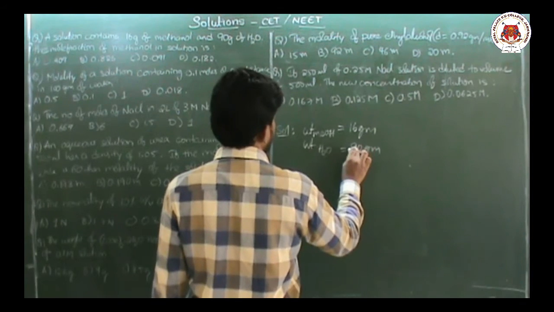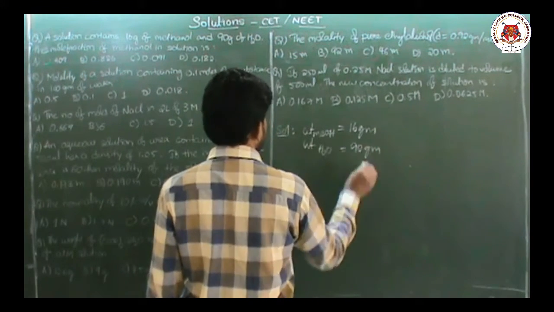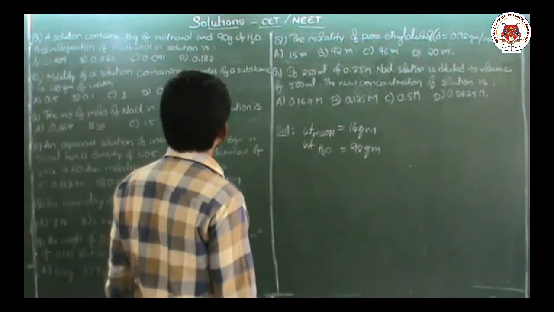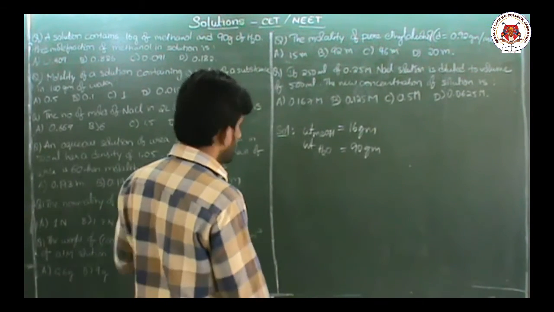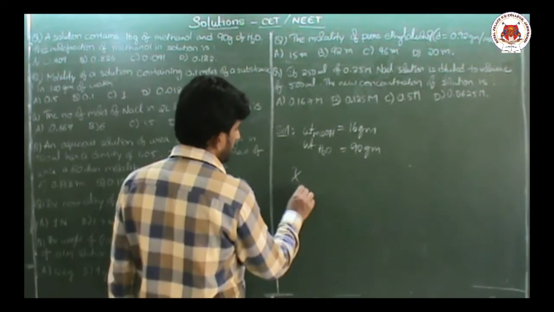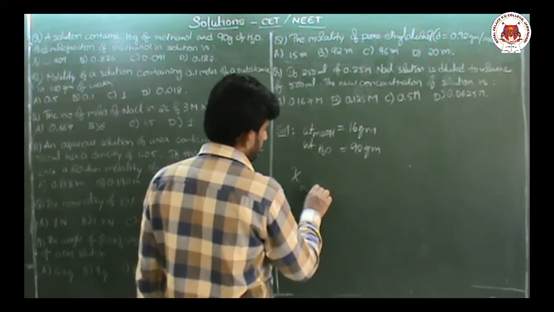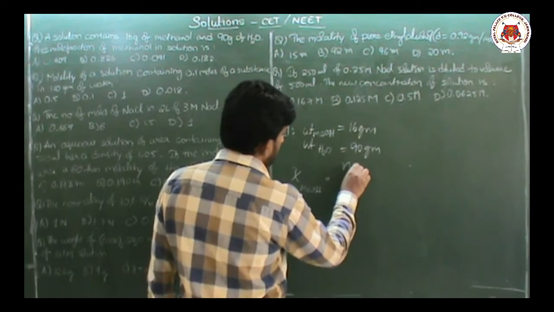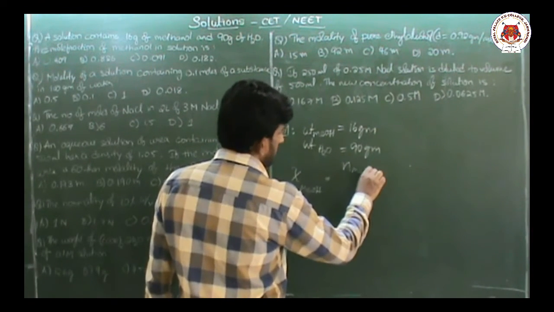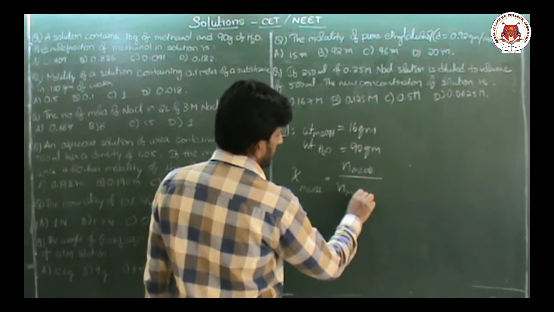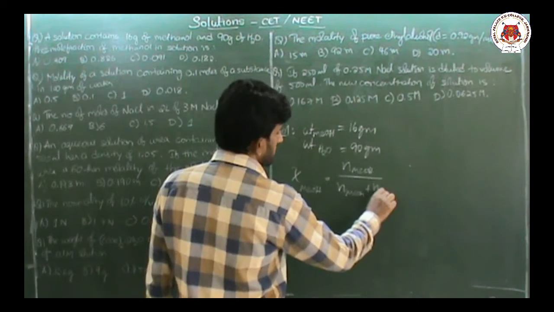We want the mole fraction of methanol, methyl alcohol. What is the formula? Number of moles of methyl alcohol divided by number of moles of methyl alcohol plus number of moles of water.